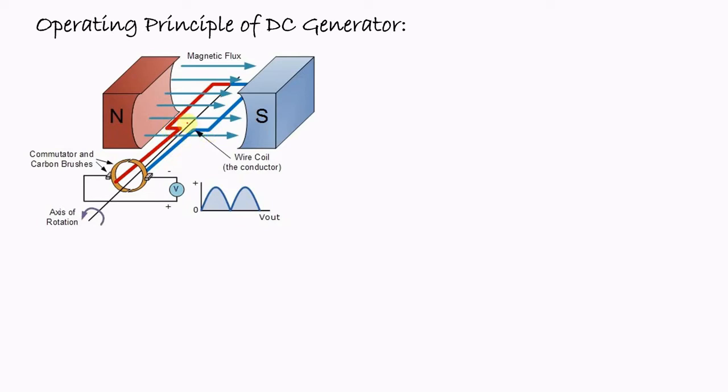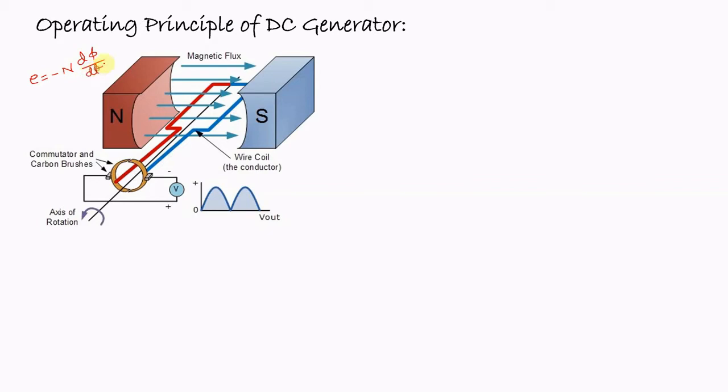When it is rotating, its position changes, and as the position of the conductor changes, the flux linking the conductor side also changes. Therefore, according to Faraday's law of electromagnetic induction, an EMF will be induced in each side of the conductor.